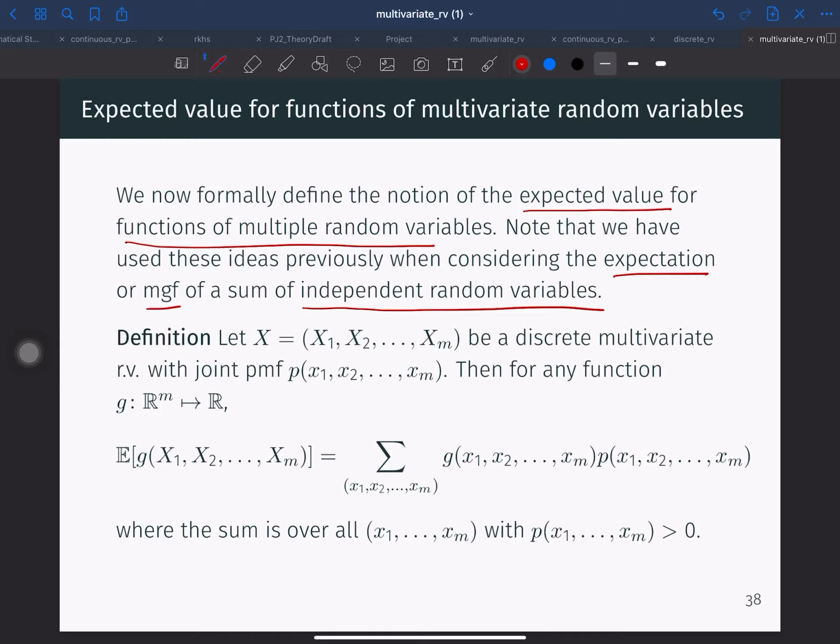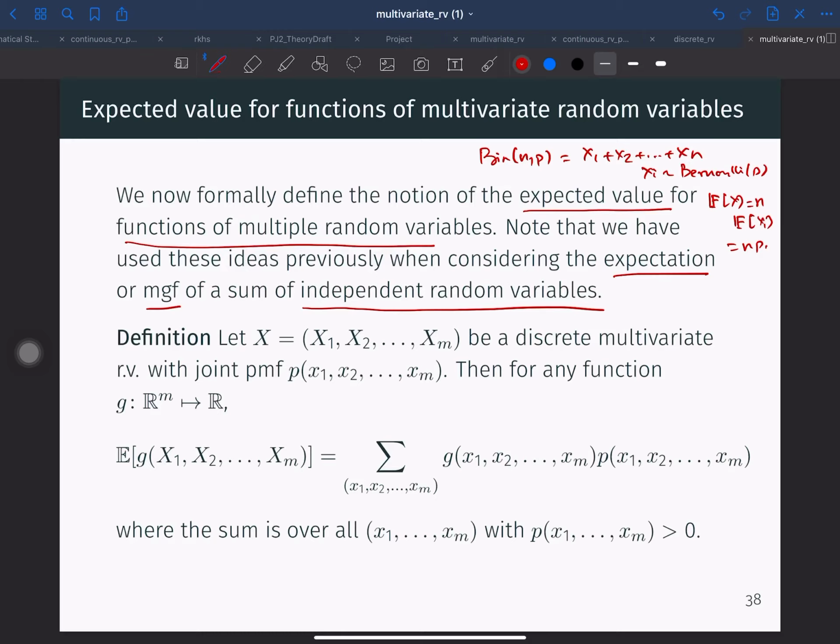For example, earlier we saw that the binomial(n, p) can be written as X1 + X2 + ... + Xn, where the Xi are binary. And using this fact, we were able to show that the expected value of X is equal to n times the expected value of X1, equal to np. So we have done many of these things before. Let's just give them a formal justification.